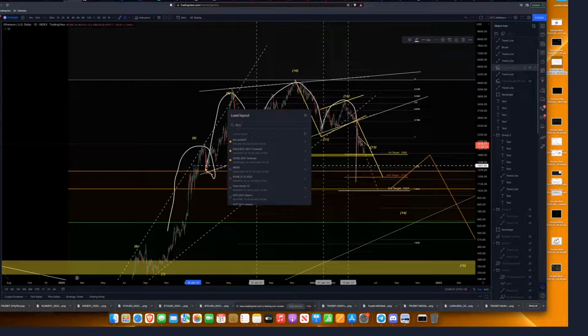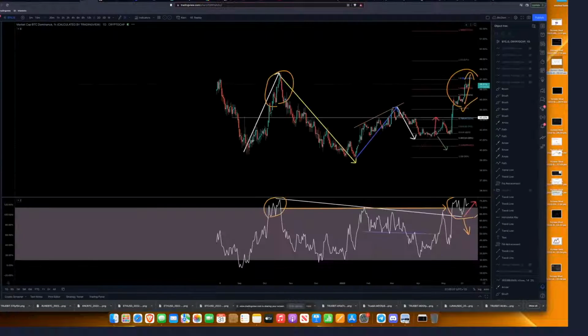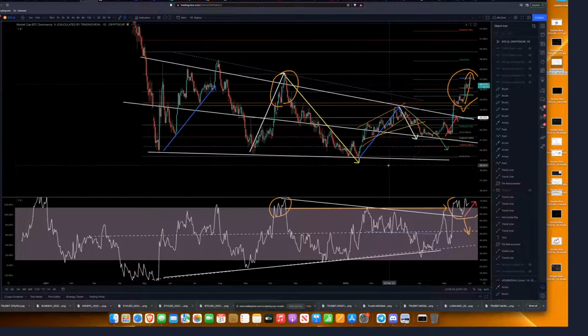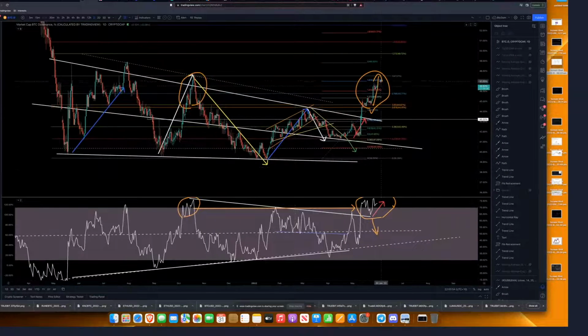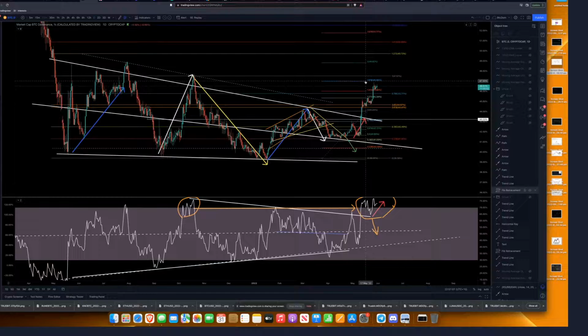And if we were to look at dominance, I did make this call some time back and it's still relevant. You can see it hit the 618 extension, very confluent with this level here.